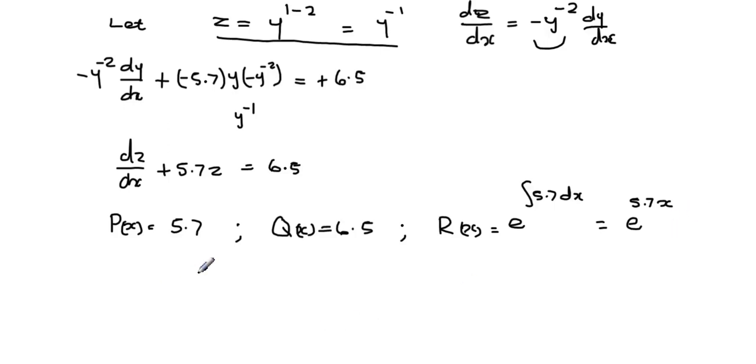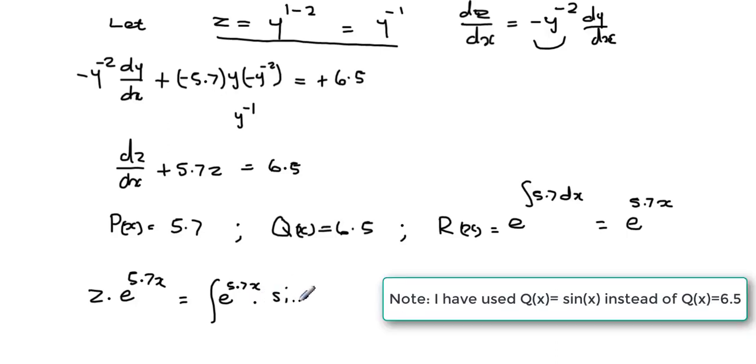And then our solution z will be given by z multiplied by the corresponding integrating factor, e to the power 5.7x, equals to the integral of e to the power 5.7x multiplied by sine x dx.